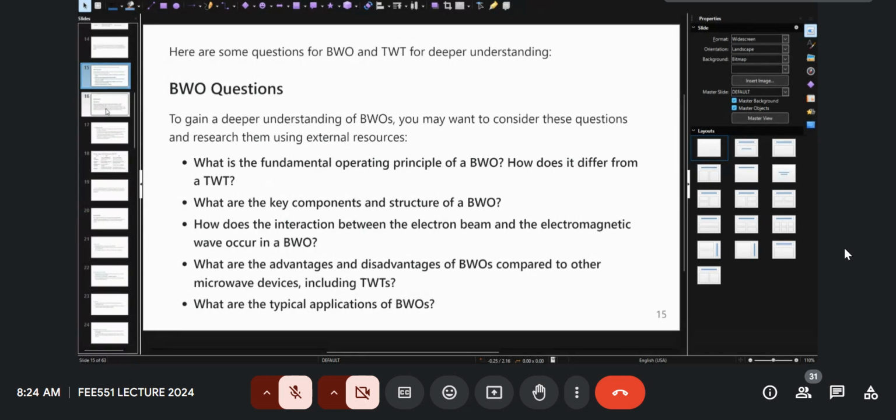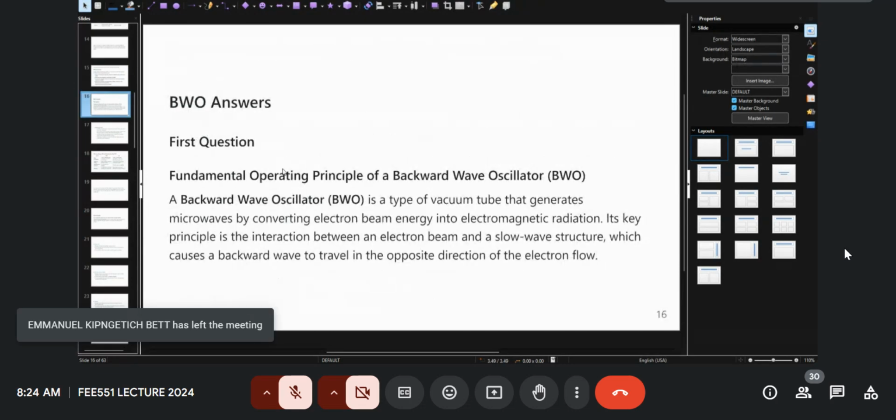For the first question, what is the fundamental operating principle of a BWO, and how does it differ? We talked about that concept diagram of the cathode, the collector and the tube where the signal passes from input to output. To review, a BWO is a type of vacuum tube that generates microwaves by converting electron beam energy into electromagnetic radiation.